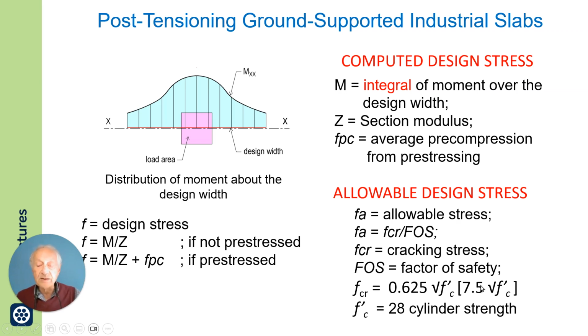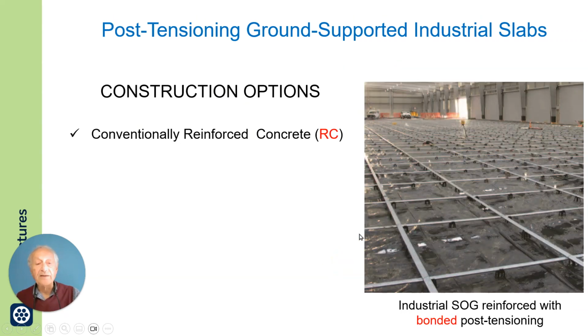EC2 has a similar value, and it is a function of slab's 28-day compressive strength. We calculate the cracking stress divided by a factor of safety, and that will be our design target.